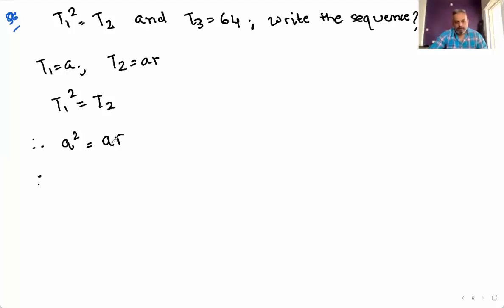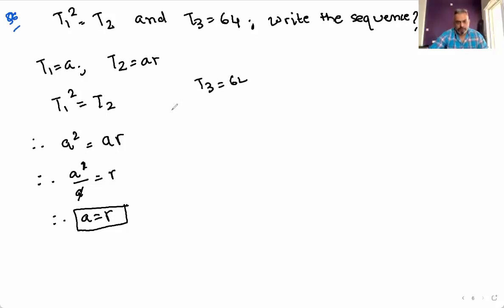Now A will divide here. So A square upon A is equal to R. Therefore, A cancels. Therefore, A is equal to R. Now, T3 is equal to 64.